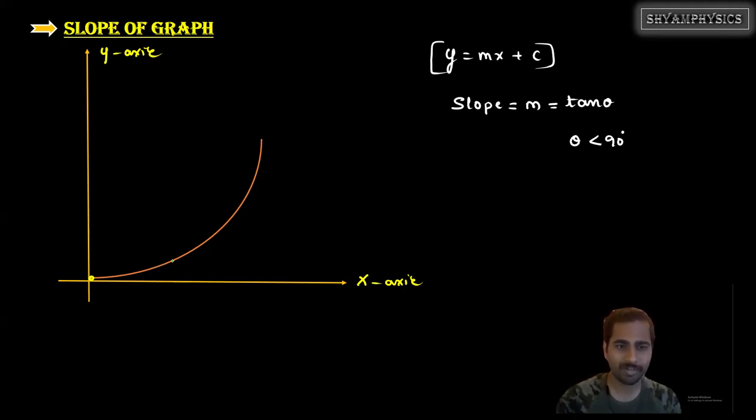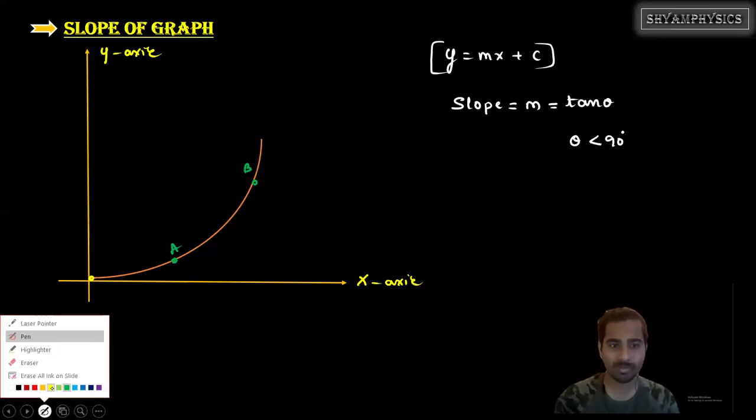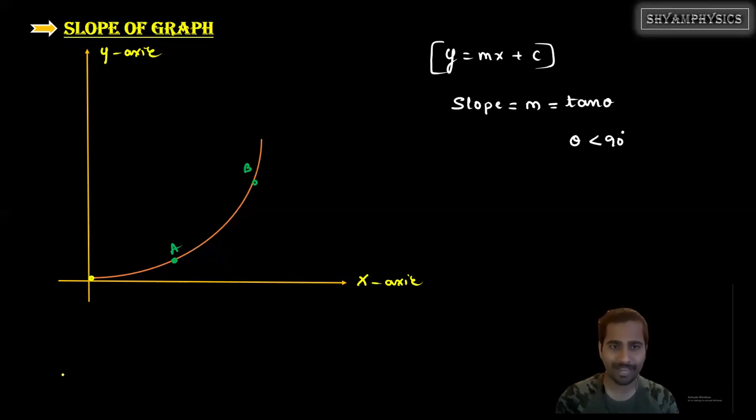The first point is A, and the second point is B. For these two points, I want to calculate the slope. To calculate the slope at these points, I will draw a tangent line at each point. For point A, this is the tangent passing through here, making an angle theta.